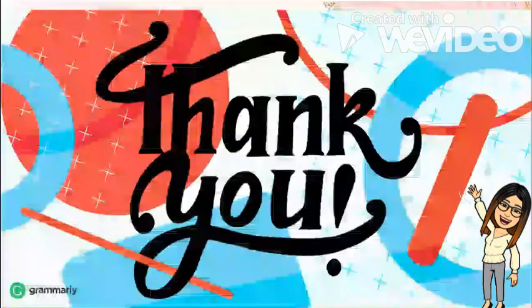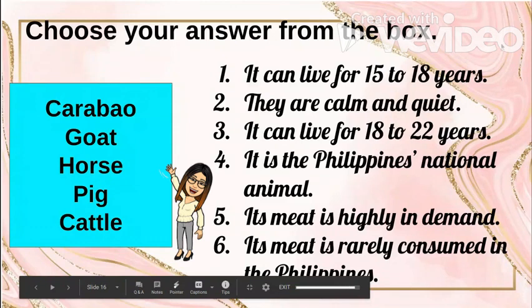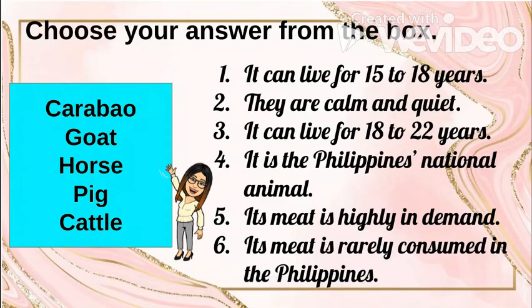So, at this time, I want you to do the following. There's an activity and you will answer this one. All you have to do, class, is to choose your answer from the blue box.